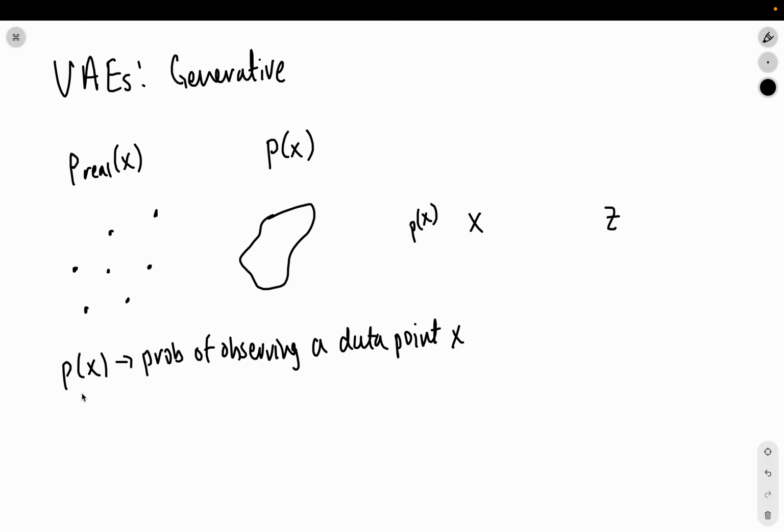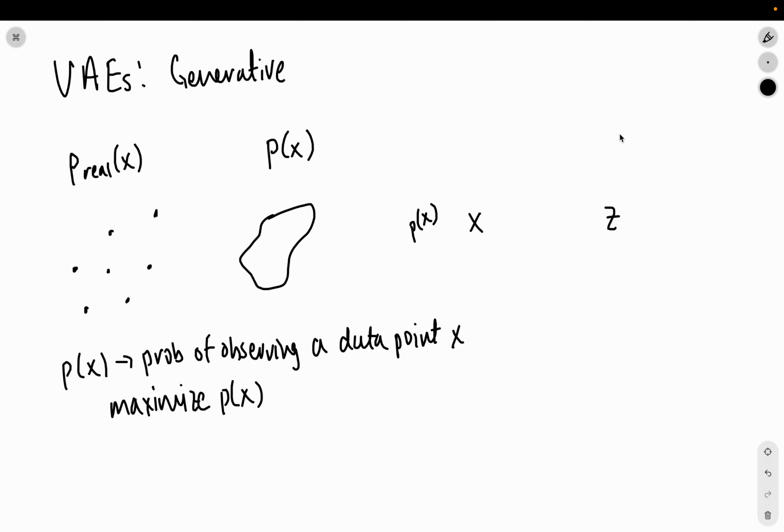So the big idea is we want to maximize P of X, because P of X is telling us that when we put in a given X, the output is the probability of that X occurring. And because all of our X's are data points, we want to learn our P of X to be a good representation of the data. So we want it to be high for all of our X's that we input. Here's the goal: we need to maximize P of X.